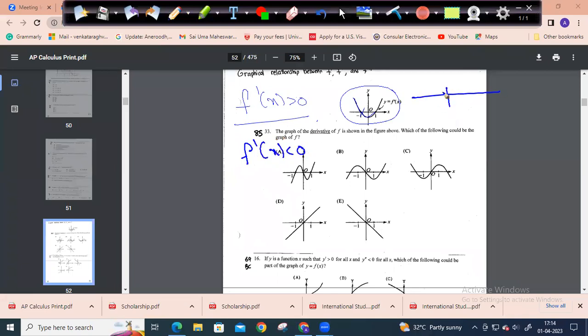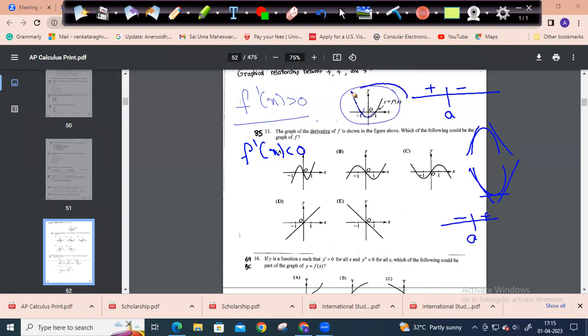And suppose there is a point A: if the derivative is positive to the left and negative to the right, the function will have a local maxima, as the derivative is changing from positive to negative. And if the derivative is negative and then becomes positive, changing from negative to positive, I say it has a local minima. So this is what f dash gives.